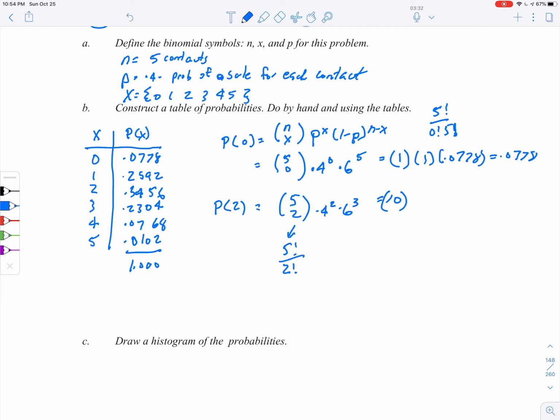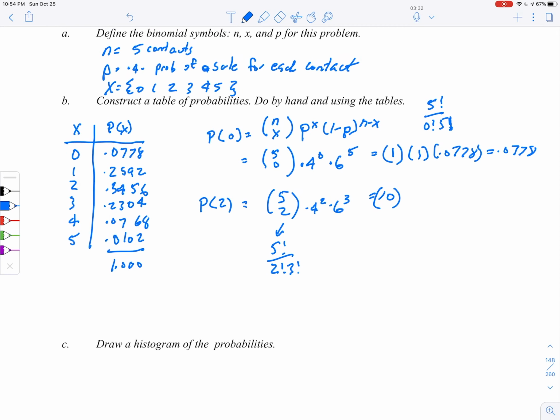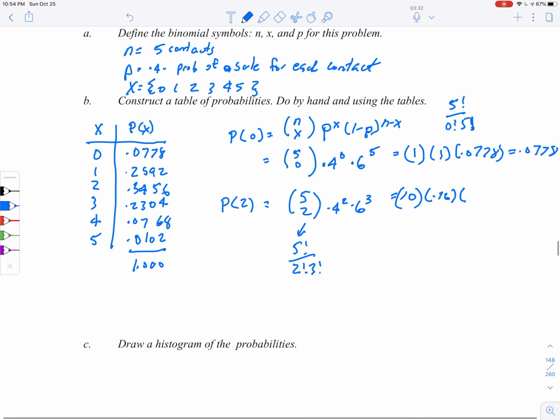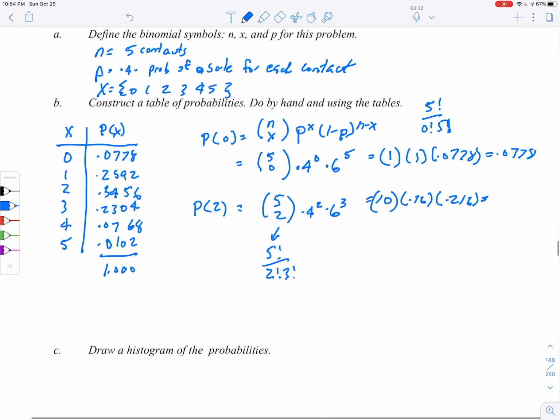And that's just 5 factorial over 2 factorial times 3 factorial. You can figure that out to be 10. Times 0.4 squared, which is 0.16. And then 0.6 cubed is 0.216. And that turns out to be 0.3456, which is the probability for x equal to 2.